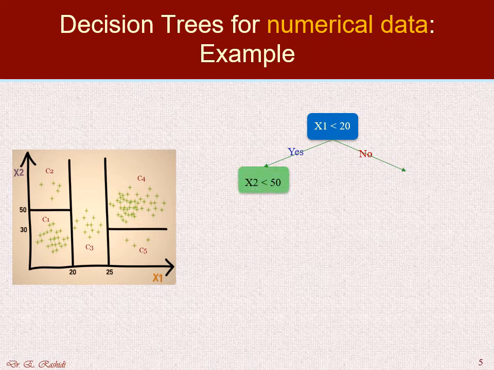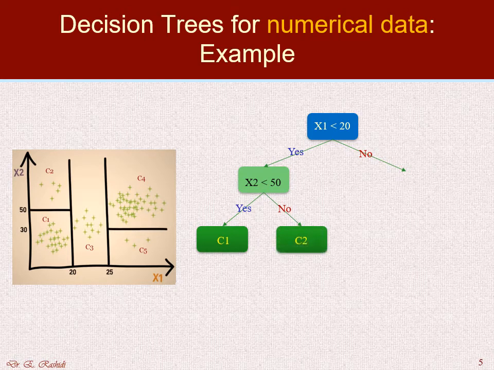Then we would ask, is x2 less than 50? If yes, then we have class 1. If no, then we have class 2. Then we go back to our root node. If the answer to whether x1 is less than 20 is no, then we have class 3, class 4, and class 5.